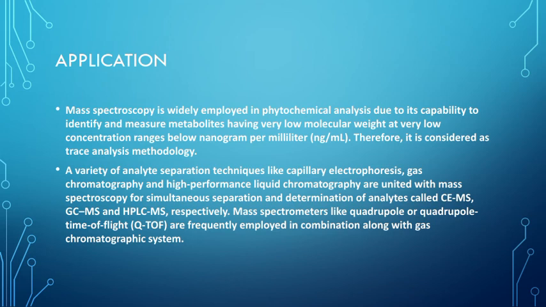A variety of analyte separation techniques like capillary electrophoresis, gas chromatography, and high performance liquid chromatography are united with mass spectroscopy for simultaneous separation and determination of analytes, called CE-MS, GC-MS, and HPLC-MS respectively.